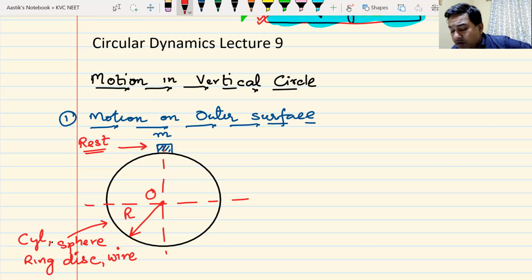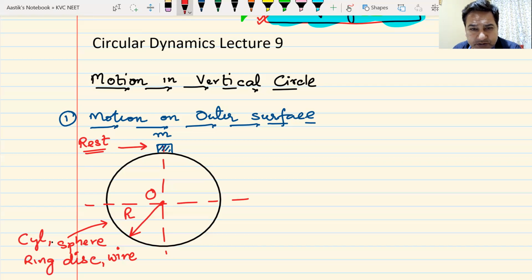Now, what is going to happen here is we will give a very slight push to this body. What will happen if we give a very slight push to this body of mass m? Remember, it's in a vertical circle, and that is why I've drawn it like this.